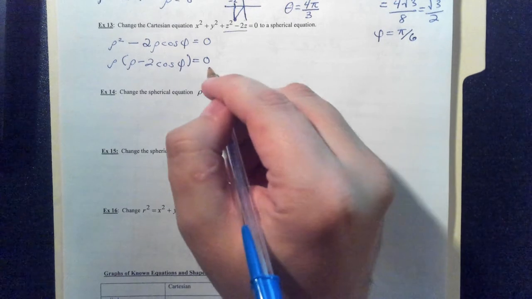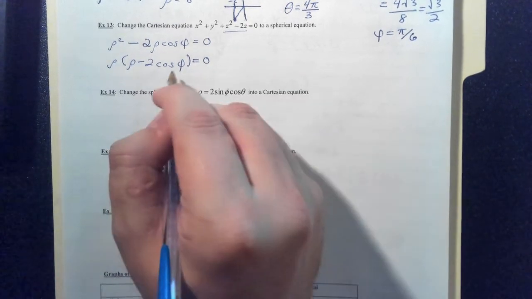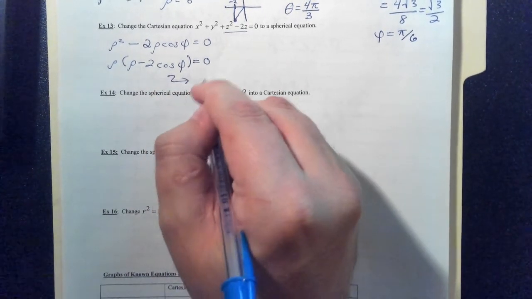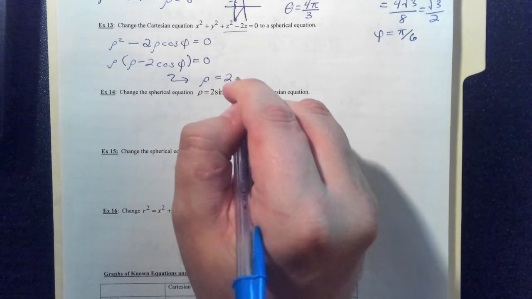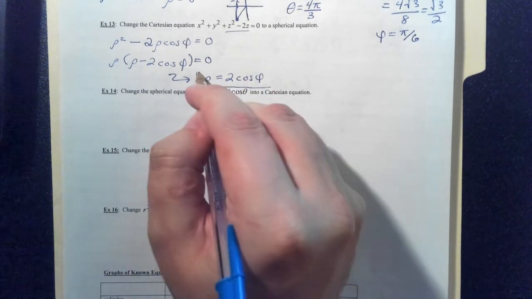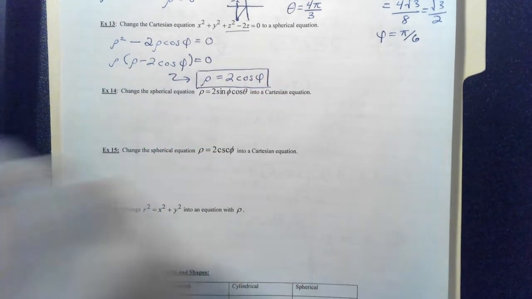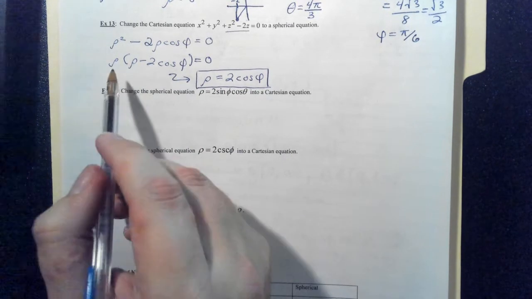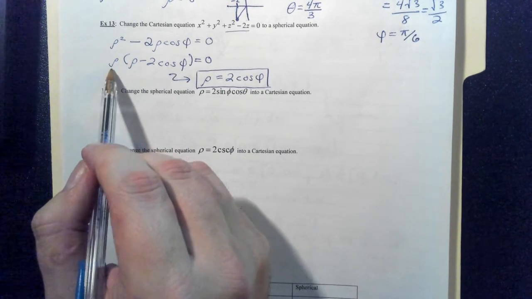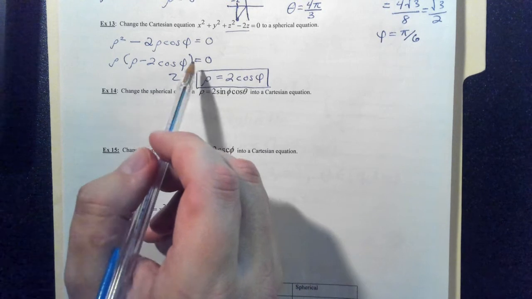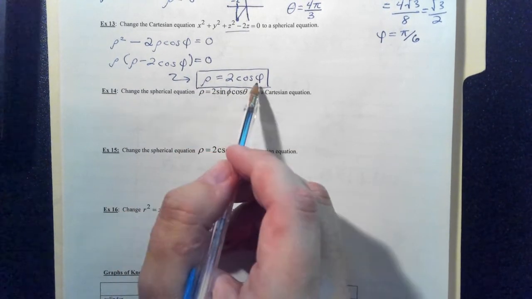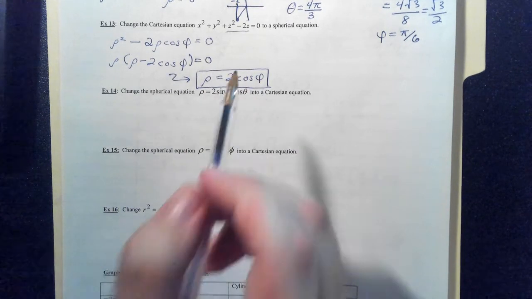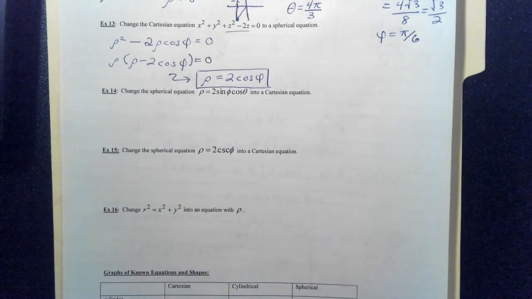Well, I actually only need to write rho minus 2 cos phi equals 0, or rather rho equals 2 cos phi. The reason being, the point where rho is actually 0, well, that exists in this equation. Rho will equal 0 when phi is pi over 2.